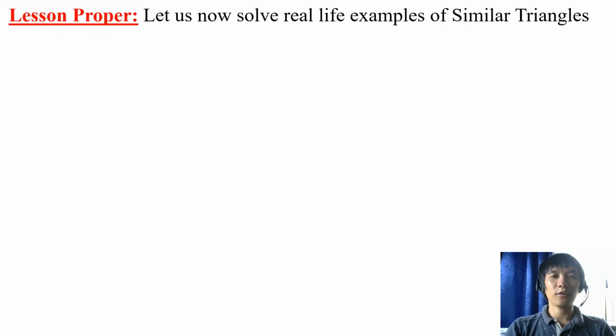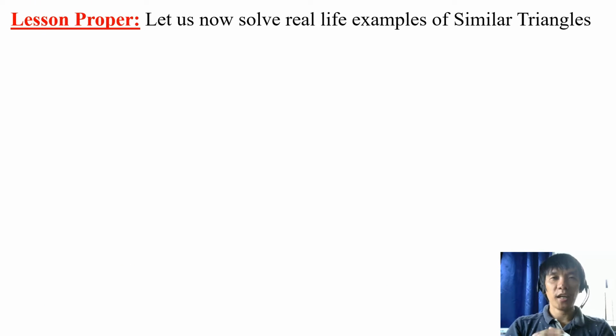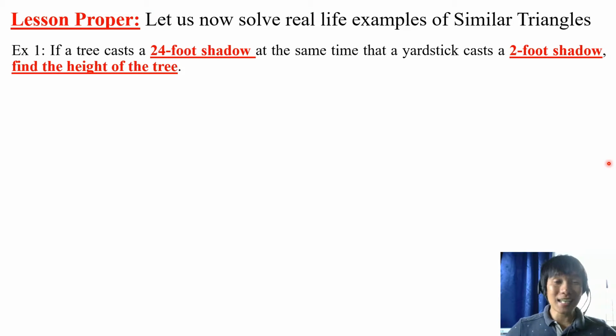Now let's go to our lesson proper and solve real-life examples of similar triangles. If a tree casts a 24-foot shadow at the same time that a yardstick casts a 2-foot shadow, we are going to find the height of the tree. First, we draw our triangles.